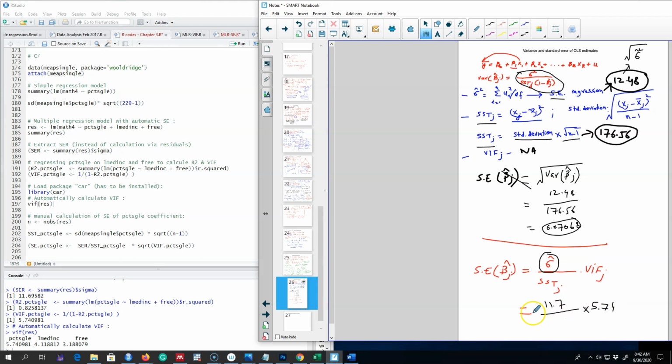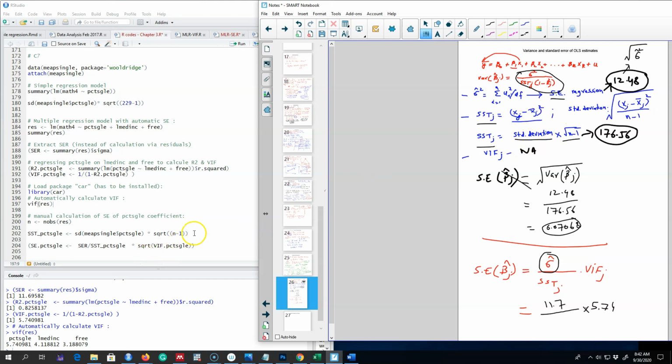The next thing I'm going to do is calculate SST. As I showed you earlier, SST is the total sum of squares of our main variable of interest, which is PCT single. Here we can use the standard deviation and multiply it by n-1 to get the sum of xj minus x bar squared.